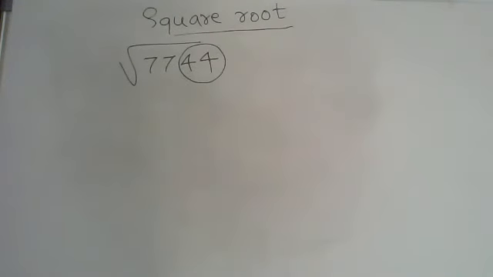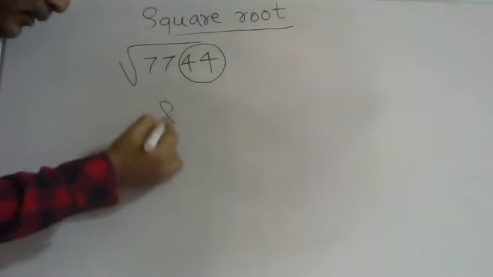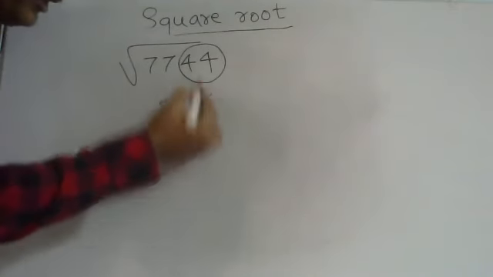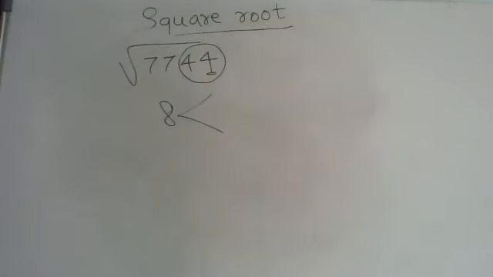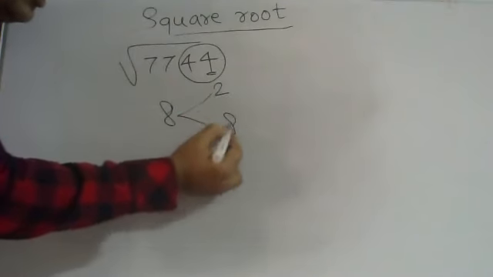A square near to 77, that is 8. We have to think about 4. This can be 2 or 8.